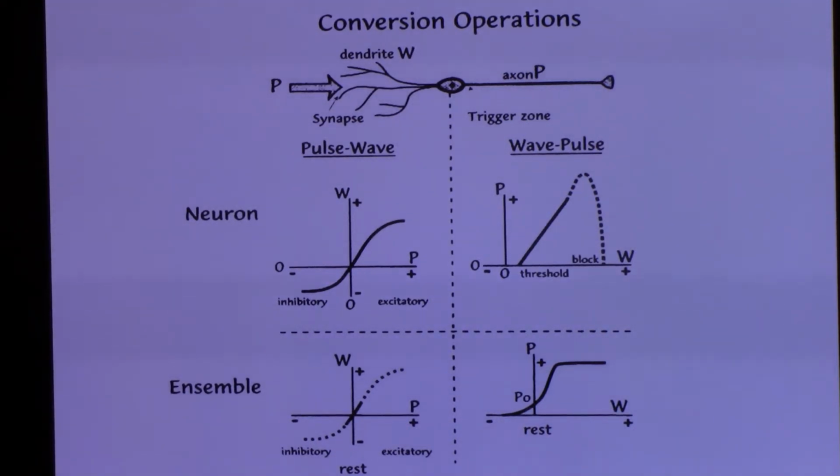Backwards. This is an integration zone for all the signals coming in through the dendrite, which are represented by W, as an average over all of them. But all these different depolarizations and perhaps hyperpolarizations conduct from the synapses down and get integrated at the trigger zone, and then based on the value at that point, it's going to have a firing rate that, once above a threshold, is going to be linear for a time.